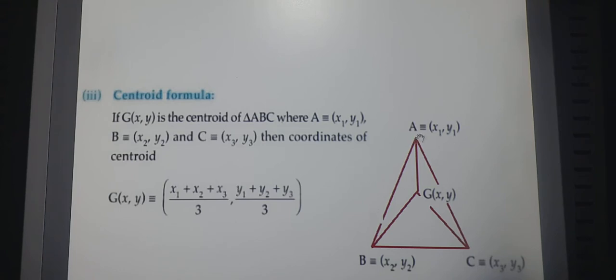So if vertex A has coordinate (x1, y1), vertex B has coordinate (x2, y2) and vertex C has coordinate (x3, y3), then this centroid G, its coordinates are (x, y) and which is given by the formula x equals (x1 plus x2 plus x3) upon 3 and y coordinate given by (y1 plus y2 plus y3) upon 3. This formula is called centroid formula.